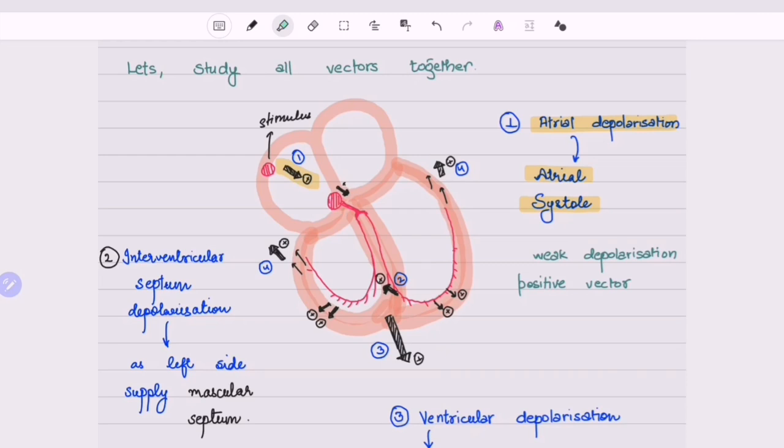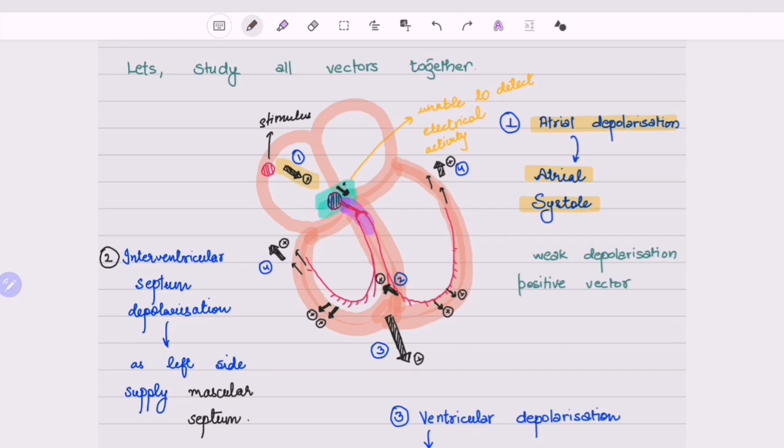Now as the depolarizing wave reaches the AV node, which provides a delay in transmission of the wave, the vector made by them is very small, unable to detect this activity in the heart, so it is not represented. Now this depolarizing wave reaches the bundle of His, which divides into two portions.